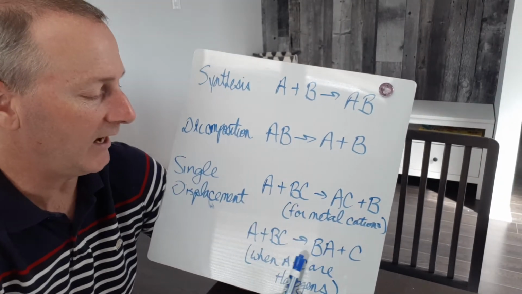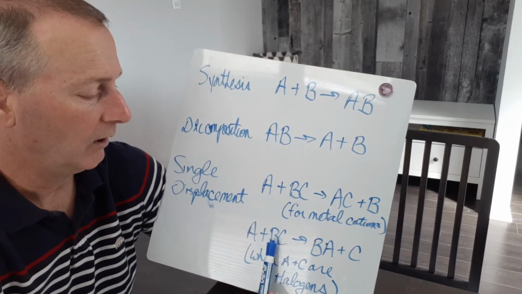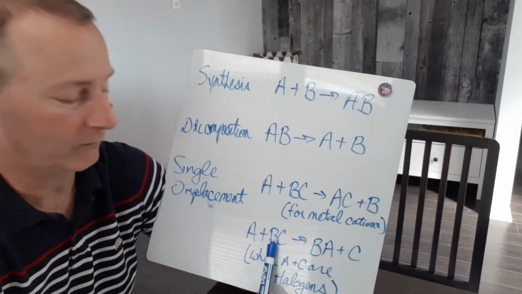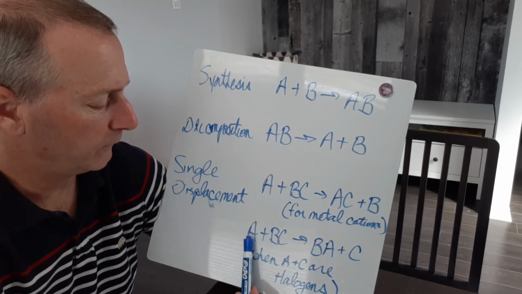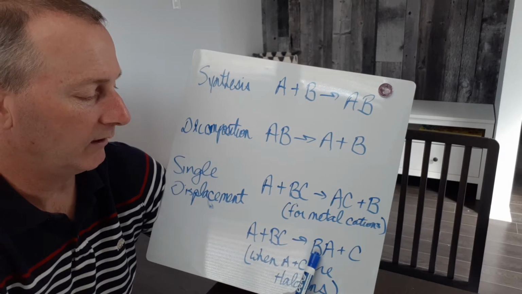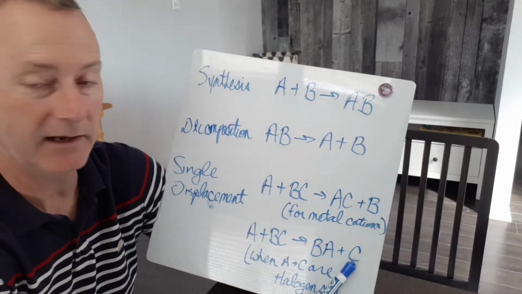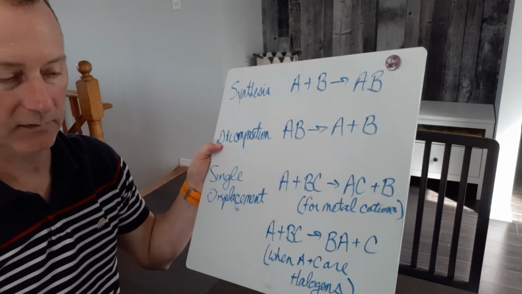The reason it's B is because this is a halogen, so this could be sodium chloride, for example. Remember, the metal always comes first. If this was fluorine plus sodium iodide, then we would get the sodium now joined with the fluorine, and the iodine would get liberated. So that's just when they're both halogens. Those are the general forms.